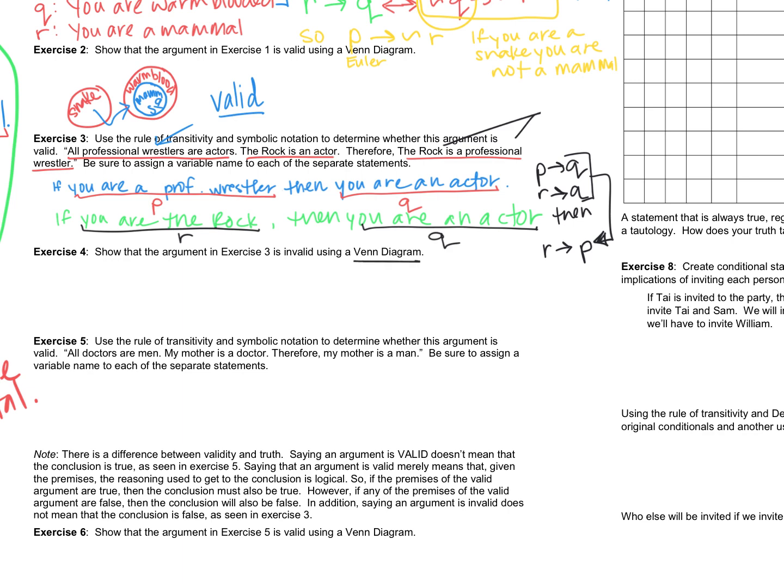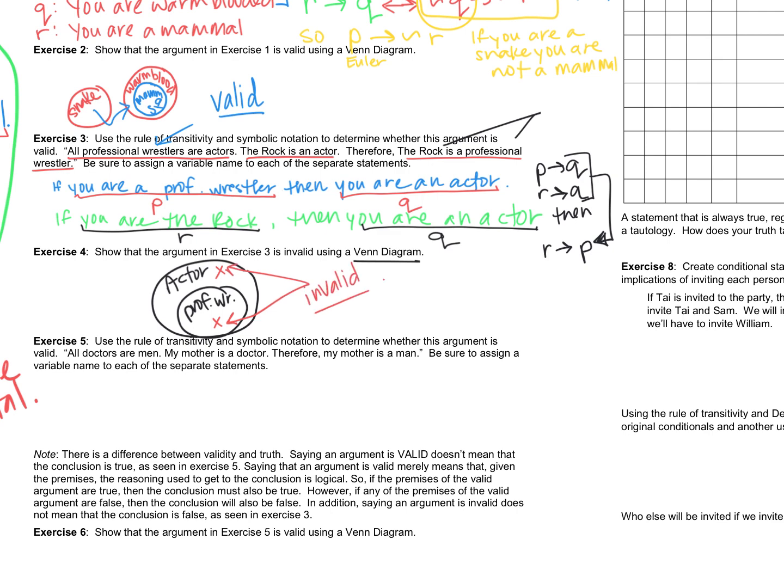If all professional wrestlers are actors, then inside the actor circle we have all professional wrestlers. Now The Rock is an actor, and so The Rock could live either inside the professional wrestling circle or just the actor one. We're not sure, and that lets us know that we have an invalid argument.